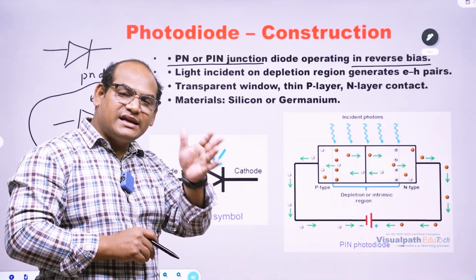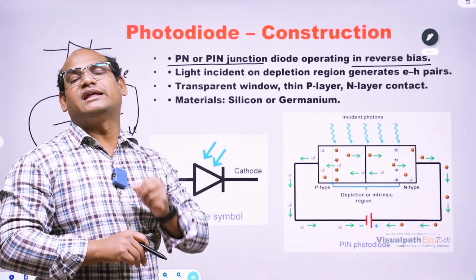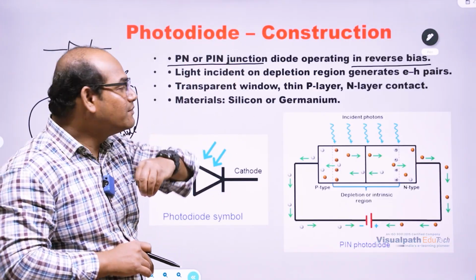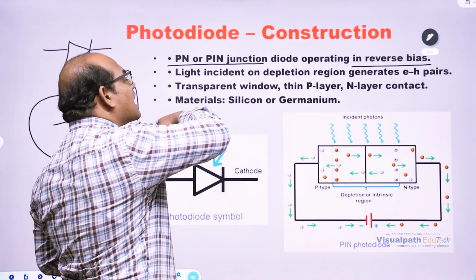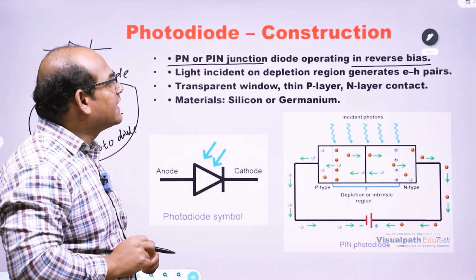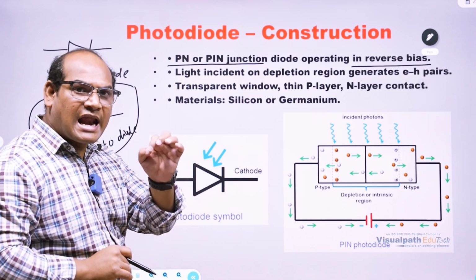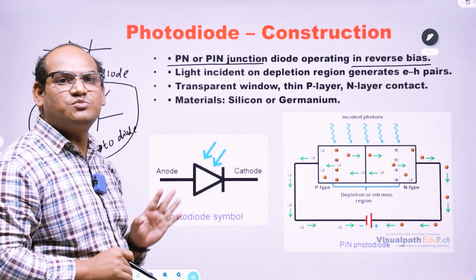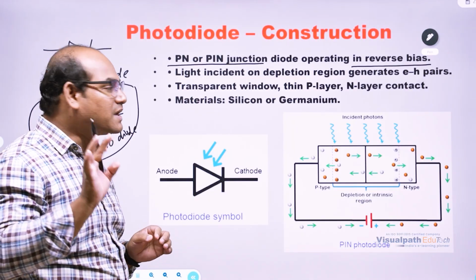So P-type layer, intrinsic layer and N-type layer: three layers are available in this model. So the photodiode can be in the model of the PN or the PIN. And one more point is, it is to be operated in the reverse bias mode only for the intended purpose.